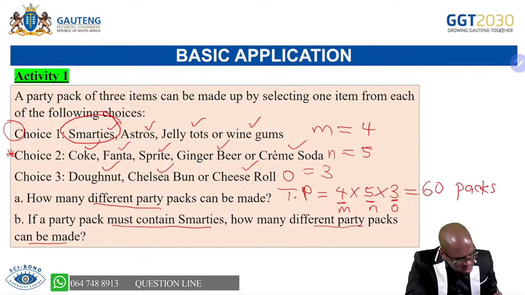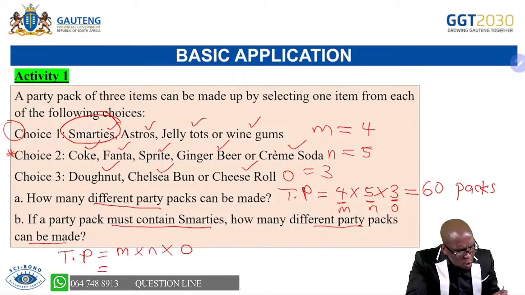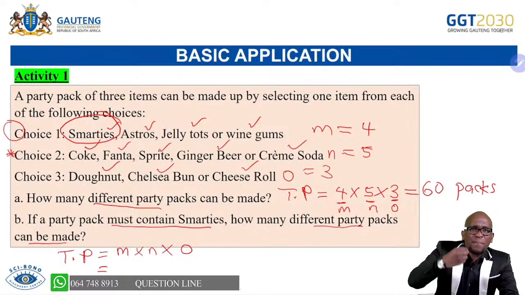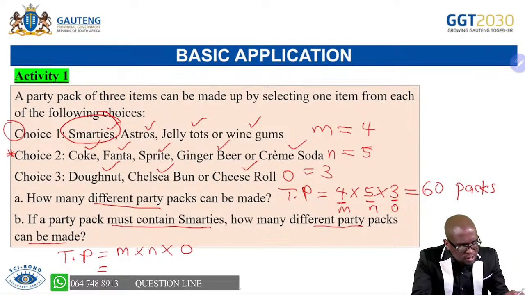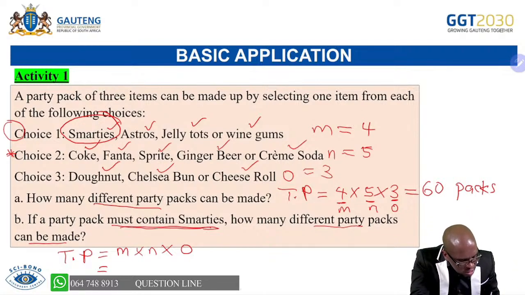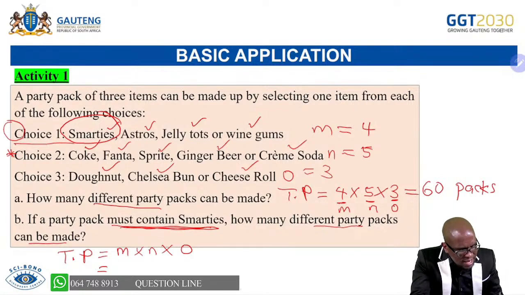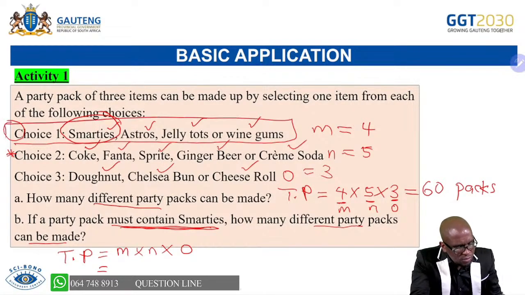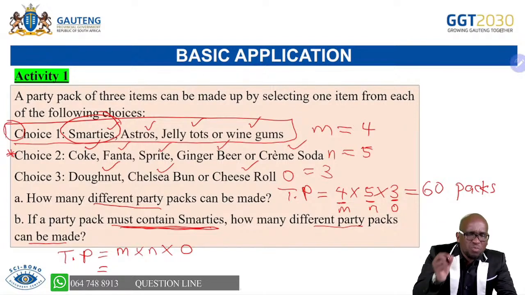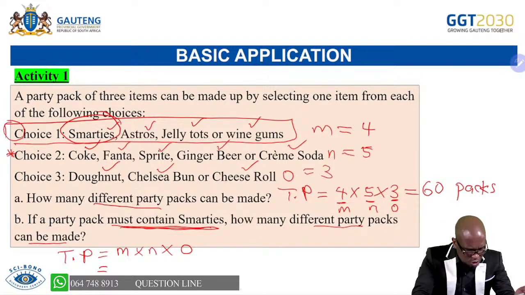So the total packs would be, remember, M times N times O. But the number of options for M has now been reduced. Why? Because they said must contain what? Smarties. So the other items here, you don't care about them. You want Smarties for choice 1.